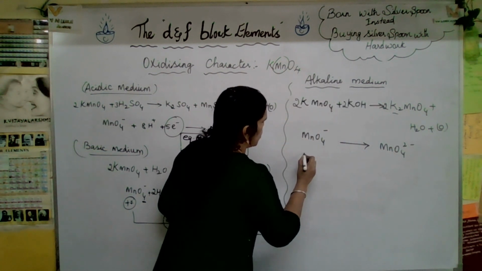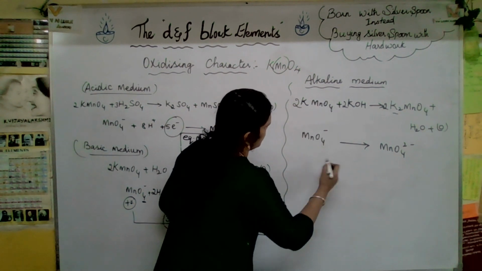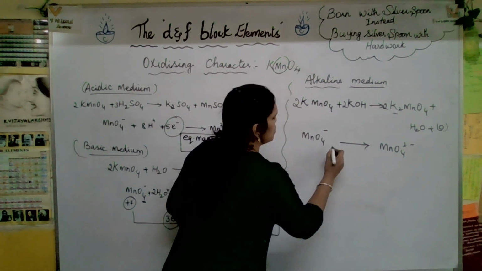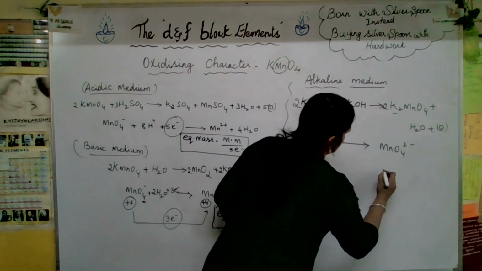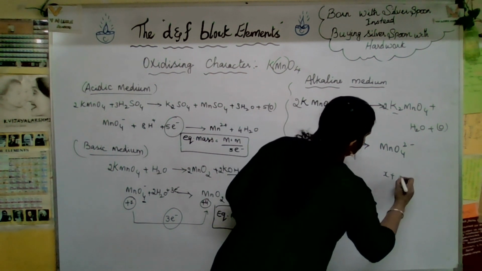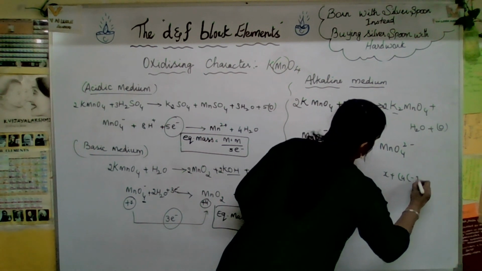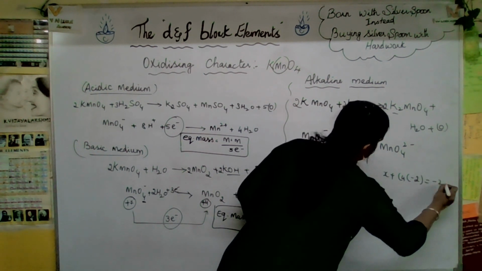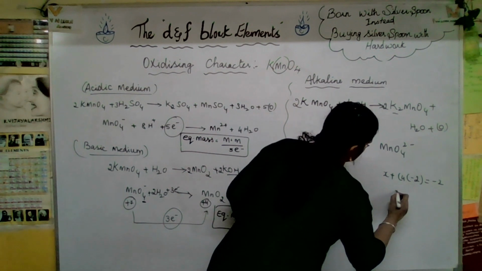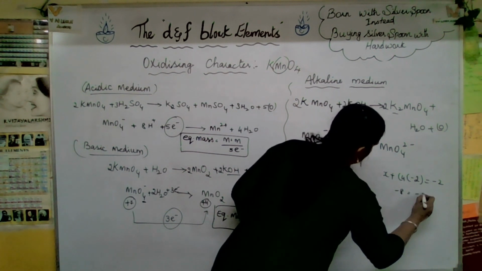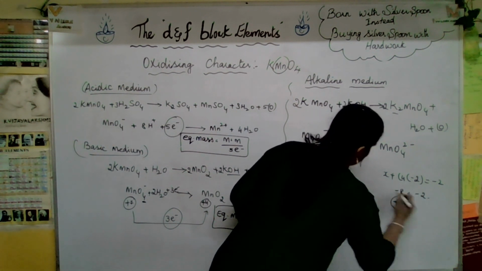Okay, now here what is the oxidation state from here to here? How many electrons can be available? Now you just check it here, X plus 4 minus 2, right? Equal to minus 2. So that means minus 8 equal to minus 2. So that means plus 6 oxidation state.